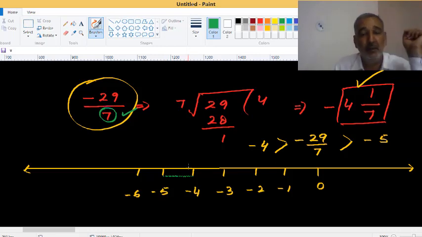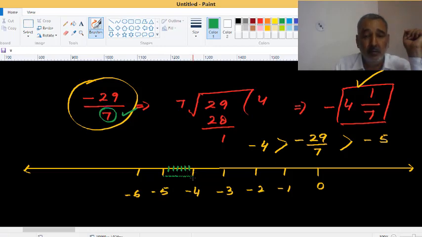At this stage, we can understand that it is not easy to maintain this equal gap. So 1, 2, 3, 4, 5, 6 and 7 parts. I have to put 6 points on this number line in order to divide it into 7 equal parts.